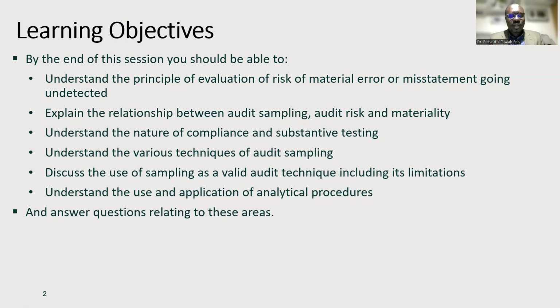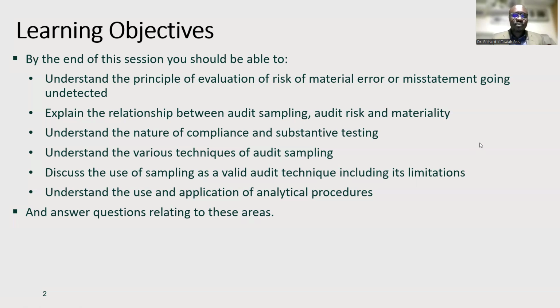And then the nature of compliance or control testing and substantive testing. Now you understand what control testing is. We're also looking at the various techniques of audit sampling, and the use of sampling as a valid audit technique, including its limitations, and then understanding the use and application of analytical procedures.